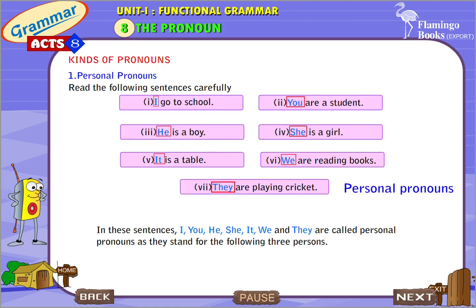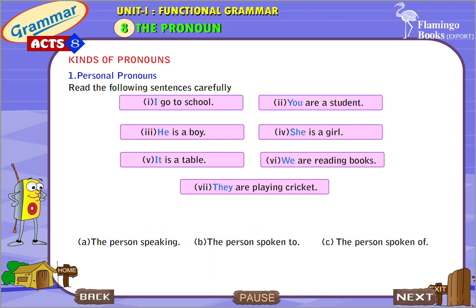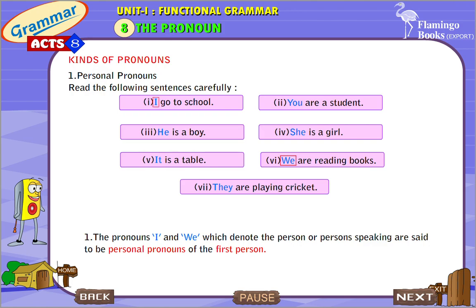they stand for the following 3 persons: the person speaking, the person spoken to, the person spoken of. The pronouns I and we, which denote the person or persons speaking, are said to be personal pronouns of the first person.